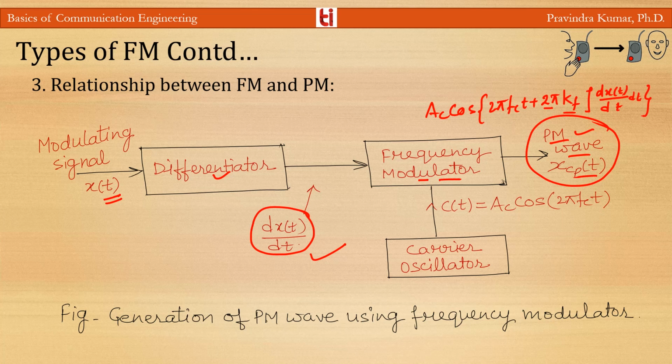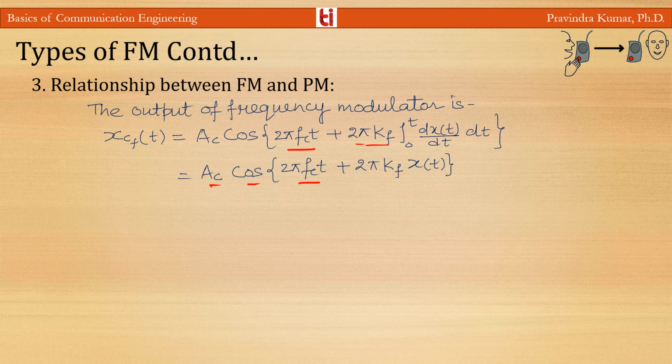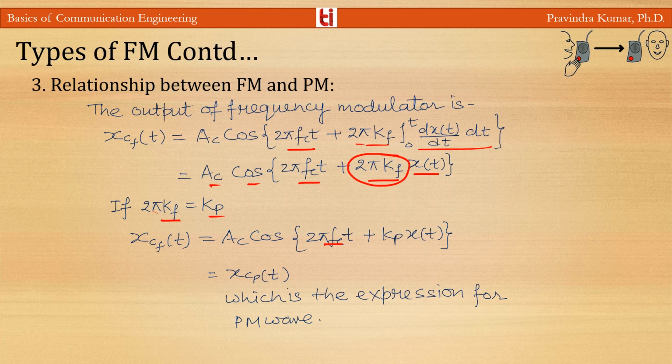We can write this equation as A_c cos 2πf_ct plus 2πk_f x(t). And if I write 2πk_f equal to k_p, I will get A_c cos 2πf_ct plus k_p x(t). So you can see that the FM wave will be the PM wave.